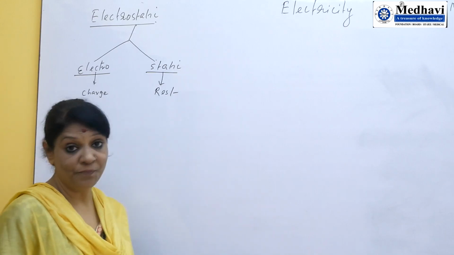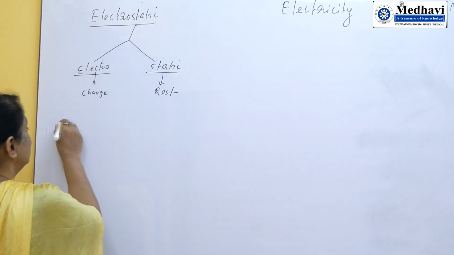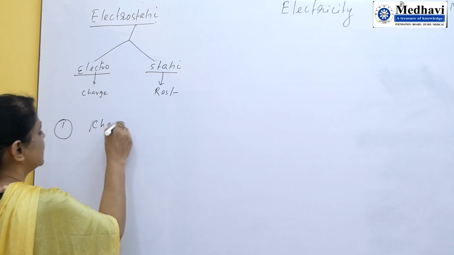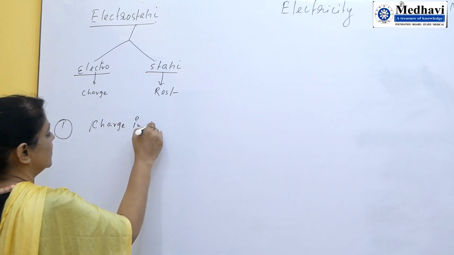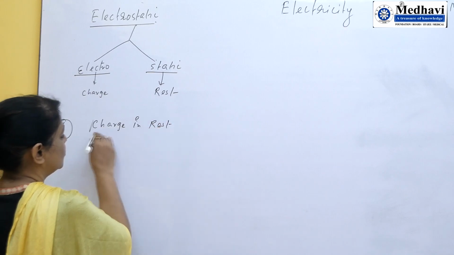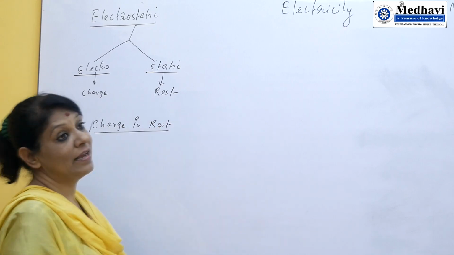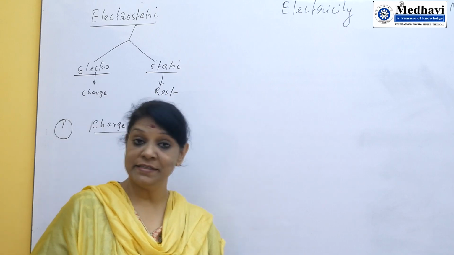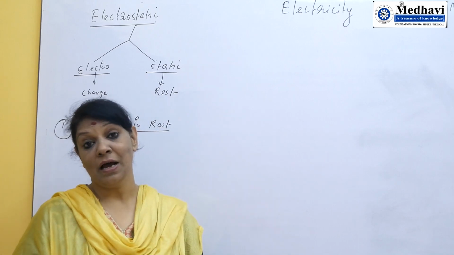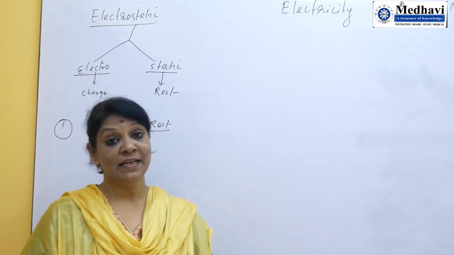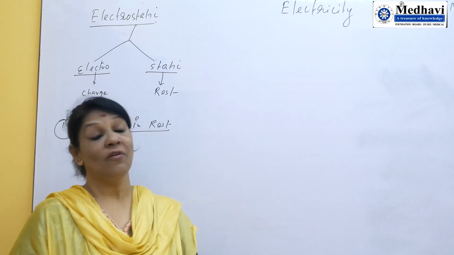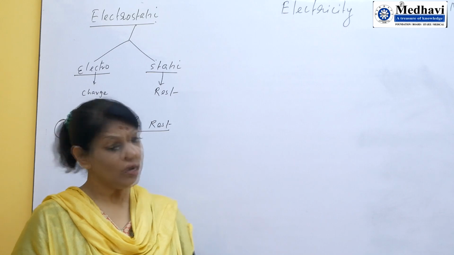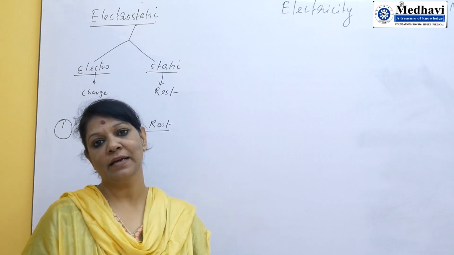First, we should know the entire property based on charge in rest. So, in this chapter, I will explain what is charge, units, its dimension, how can we produce charge, that is its internal part. When I introduce this chapter, then I will teach. Or it may be possible that in this video I will explain.